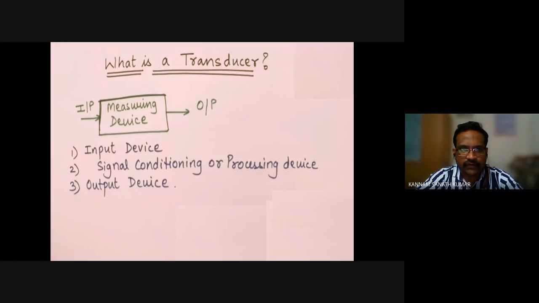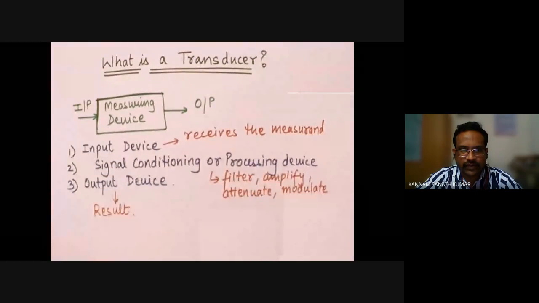Mainly it consists of an input device, a signal conditioning or processing device, and an output device. The input device receives the measurement, whatever quantity the transducer wants to measure.